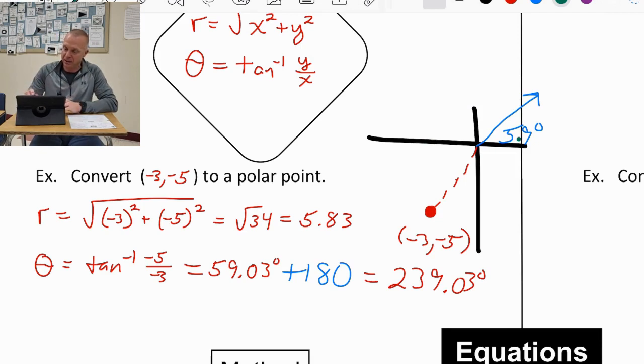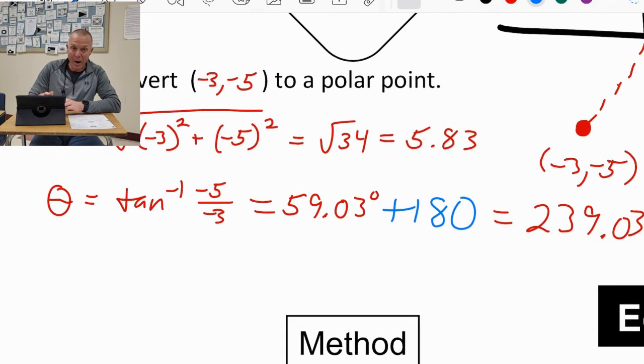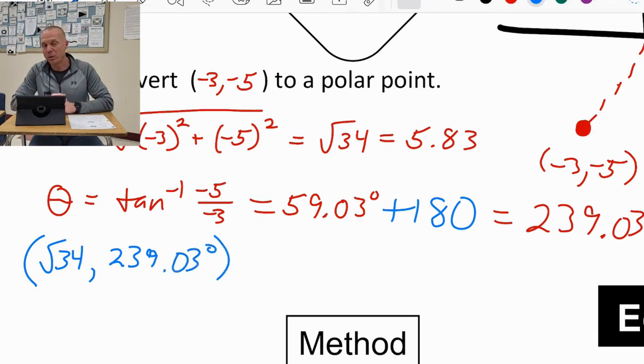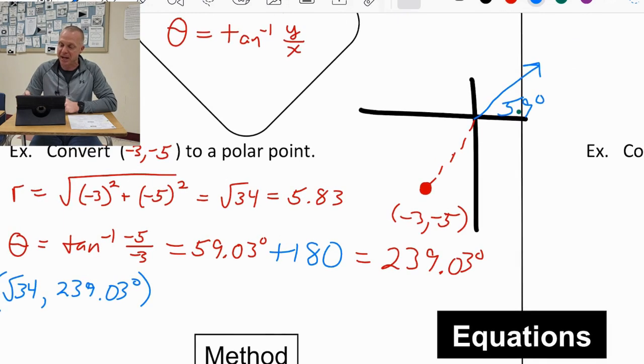And let's be clear here. What is the answer? It's a point. So the square root of 34, but 239 degrees. And again, that polar point would be indeed in the same location as -3, -5. But there's another way to fix my point, and it would be, once again, thinking about being on the opposite side.